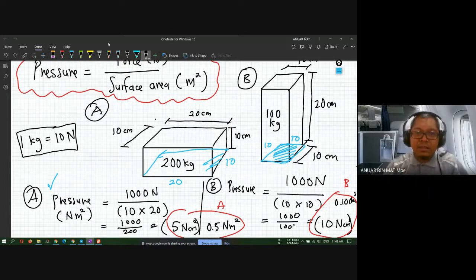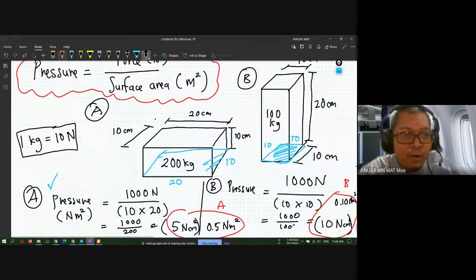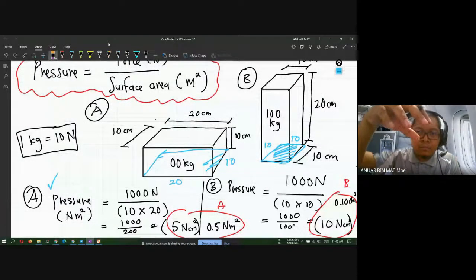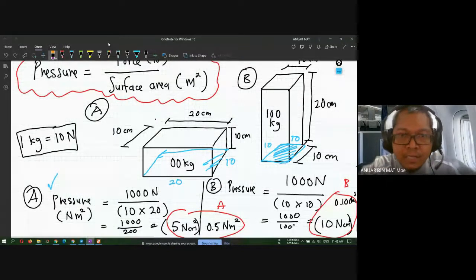You must increase the force, then the pressure will be equalized. Can you understand this? Or you take another similar block and put it at the top, then the pressure will be equalized.